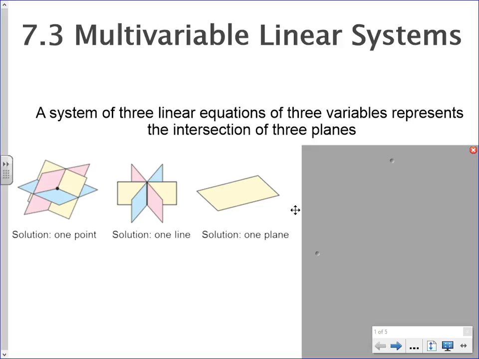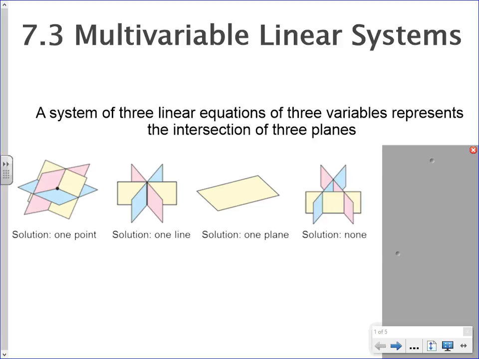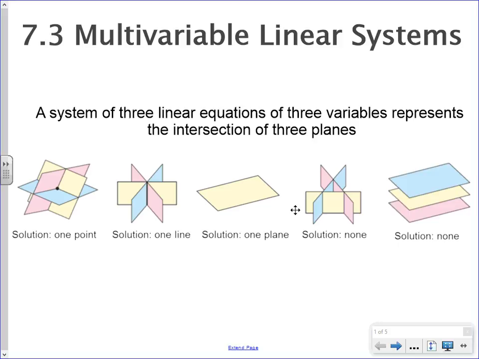They could all be the same plane, and then we would have an infinite number of solutions. They could intersect, but not all 3 simultaneously. Therefore, there would be no solution. Or they could be all parallel, and then that would be no solution as well.